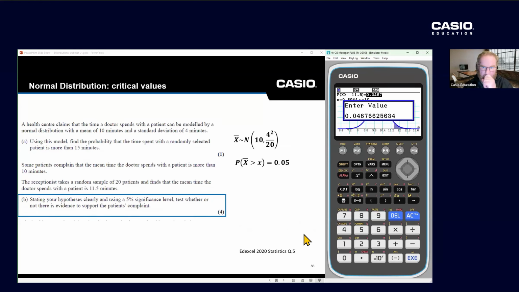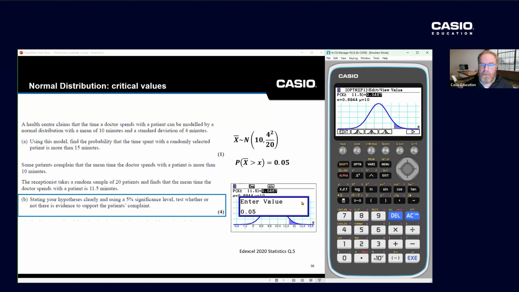You could have said, all right, what's the value of X where the probability is 5% on the right-hand side? So what you can do is just change the probability by entering a value. When you do that, because this is continuous, you'll get a nice value of X, which again, you can interrogate. Okay, so 11.47, a little bit smaller than 11.5. So that's your critical value. You know that 11.5 is in the critical region. Okay, so quite nice there.